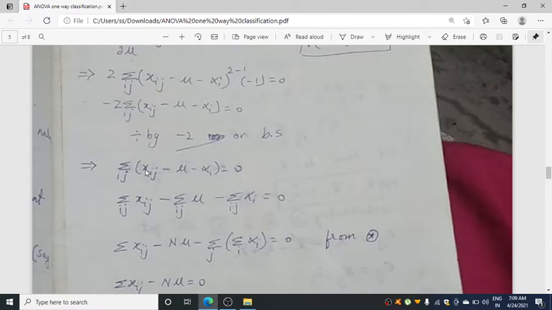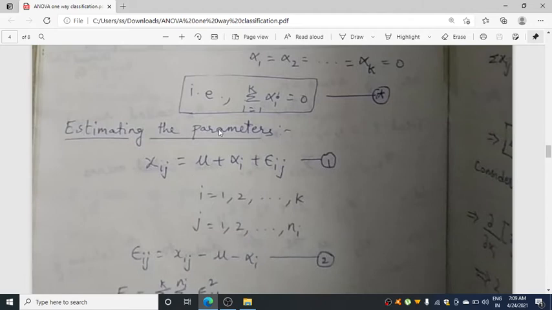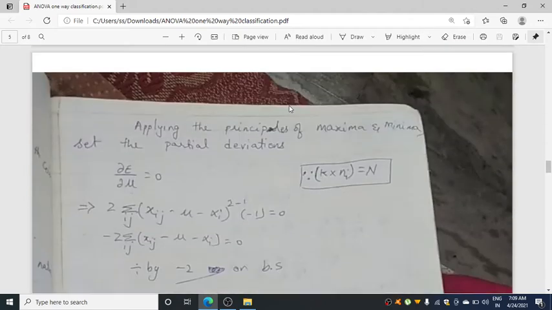Then separate the summation: summation of xij, summation of mu, and summation of alpha i. Because you got summation of alpha i equal to 0 from star, which I told you just now, remember, it is summation of alpha i equal to 0.